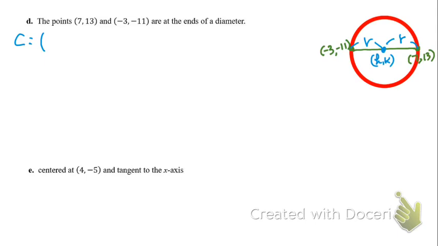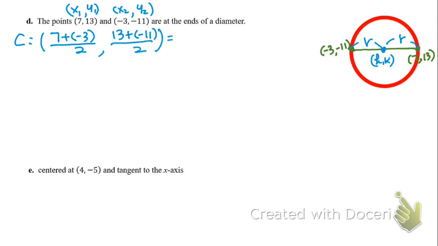Let me label them x1, y1 and x2, y2. So we're going to add the two points, 7 plus -3, and the two y values, 13 plus -11.